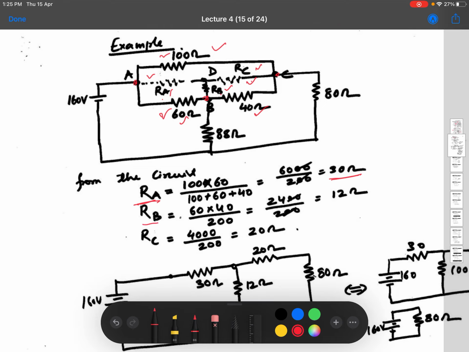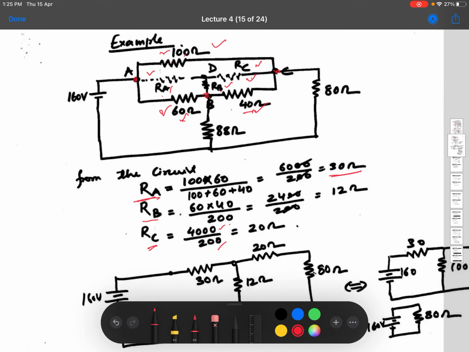Then similarly you can calculate RB. Whatever is connected to it, 60 into 40 upon the full sum. And for RC, you just check here, whatever is connected to C, that is A and B, 100 into 40 which is 4000, divided by 200.